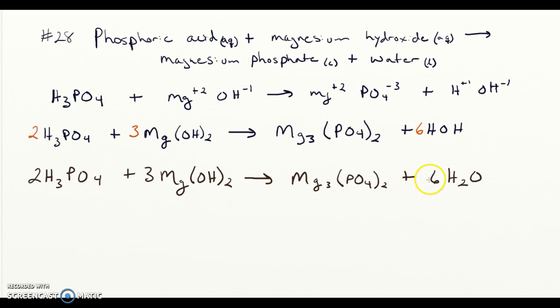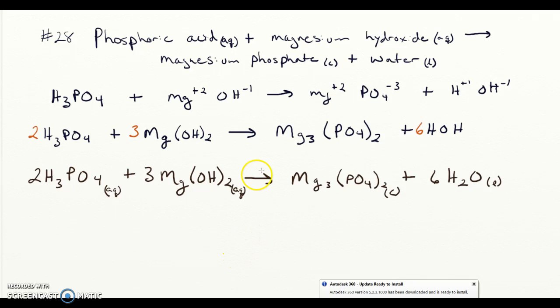Either way, you can leave it all the same. You can also add the little states of matter. This one here is a crystal. This is aqueous, meaning it's a solution, and this too is a solution. Okay, it's an acid-base reaction, and that's why we got the crystal. I hope that helps out.